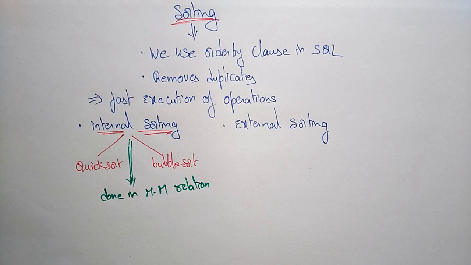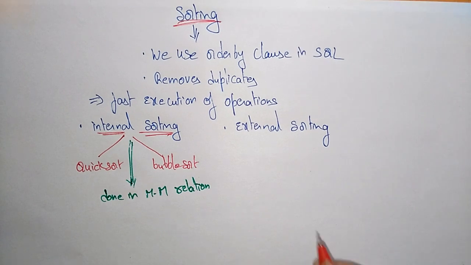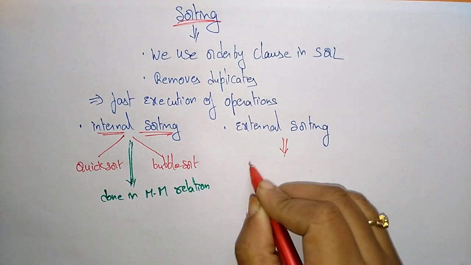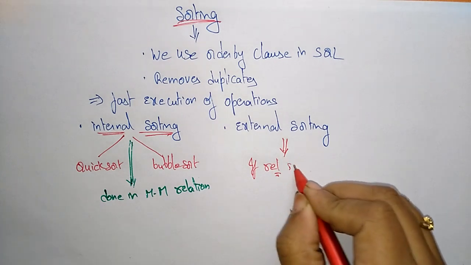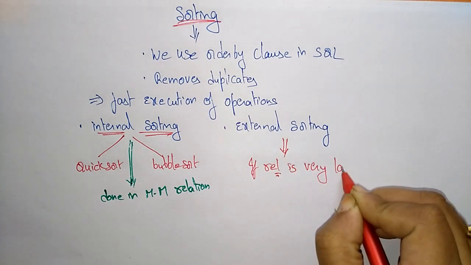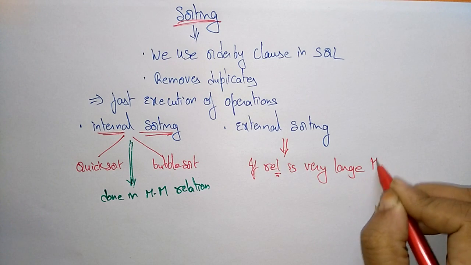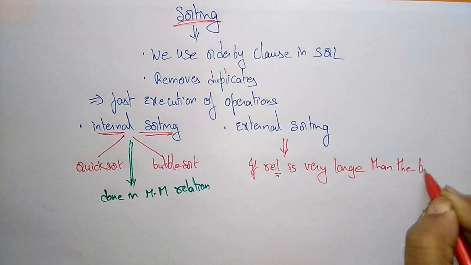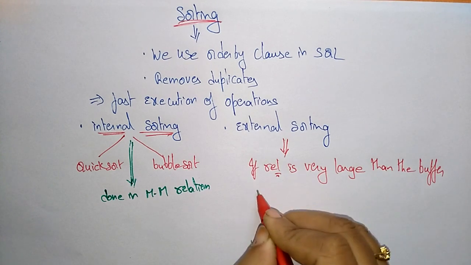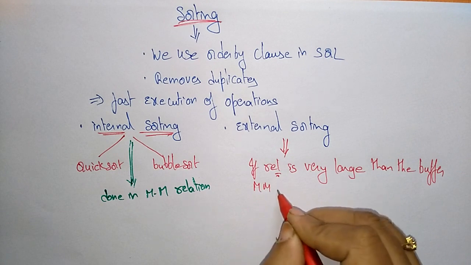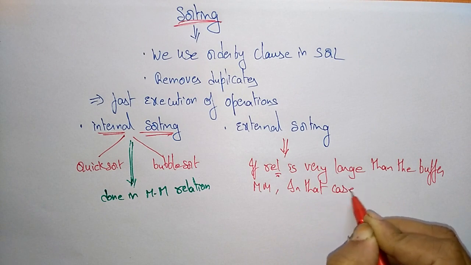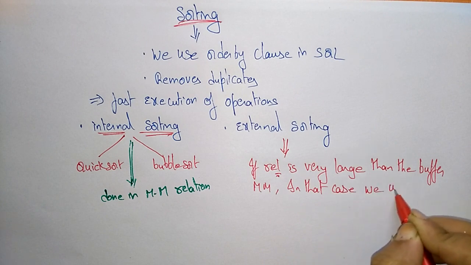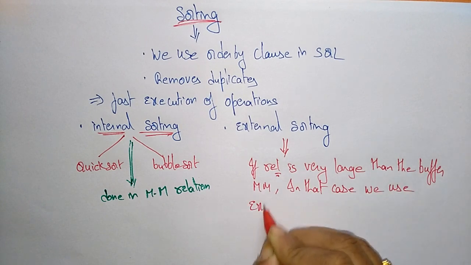Coming to external sorting. What do you mean by external sorting? If the relation you are dealing with is very large, larger than the buffer in main memory, in that case we use external sorting.